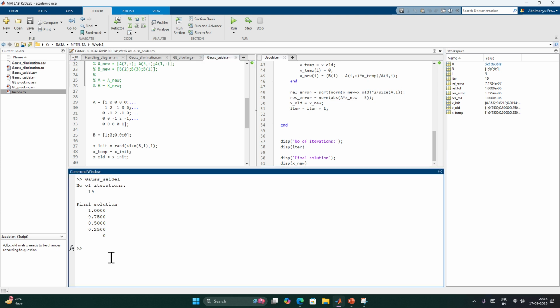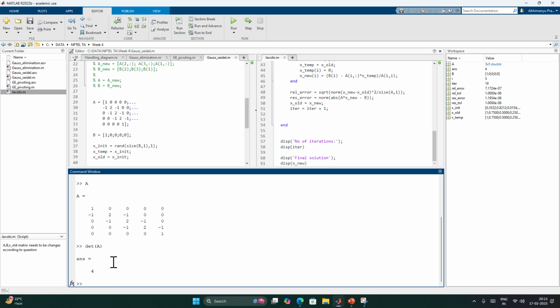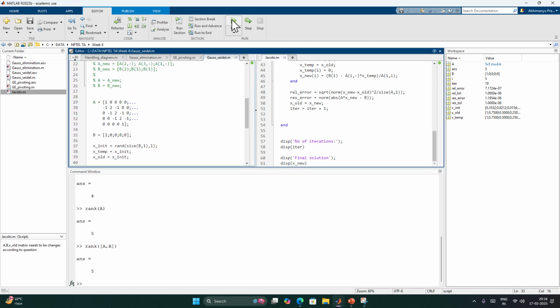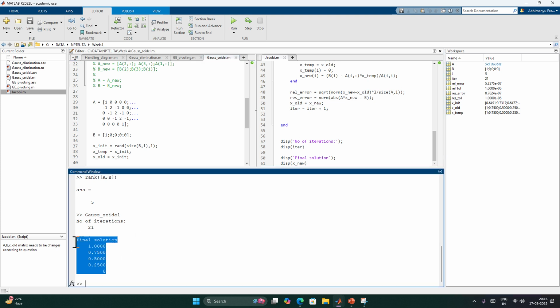I get the rank of A, it's 5. And if I look at the rank of the augmented matrix, I get 5. That means a unique solution exists to this problem. Okay. And if I run this Gauss Seidel program, then I get these values of the nodes. Right.